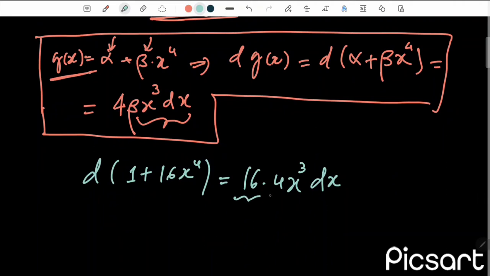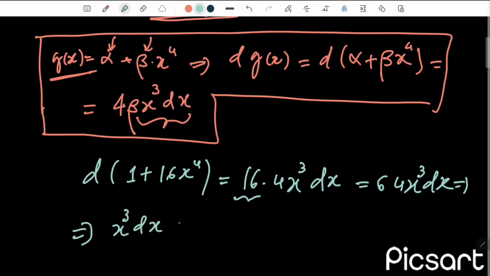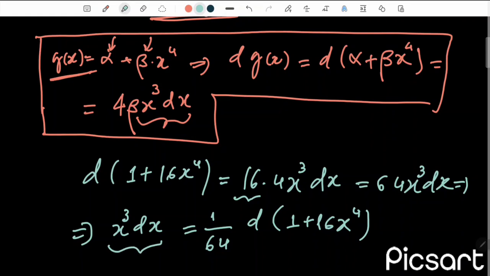Here 16 times 4 is equal to 64, so 64 x to the power 3 dx. So x to the power 3 dx can be written as 1 over 64 d of 1 plus 16x to the power 4.